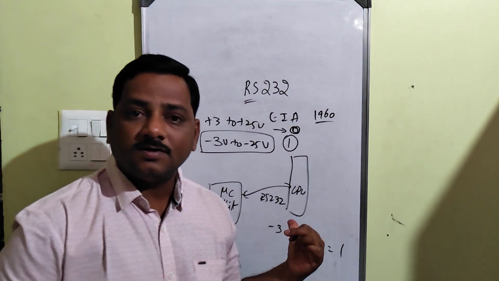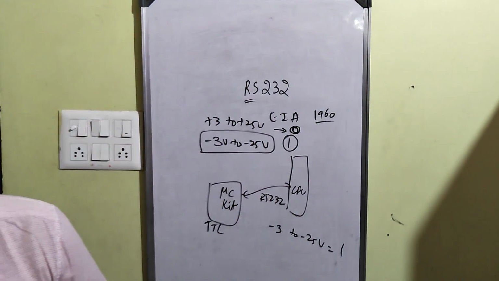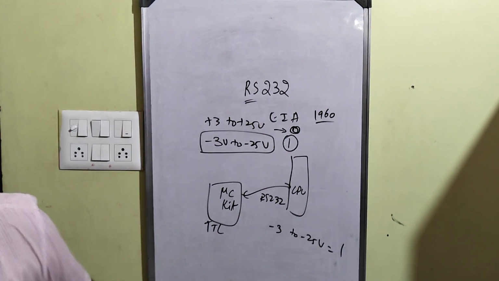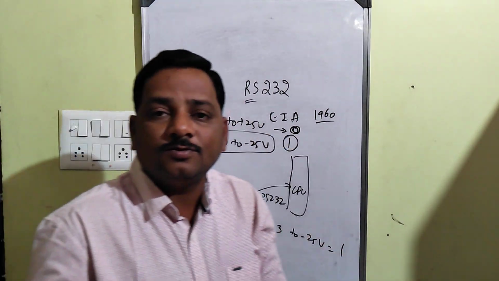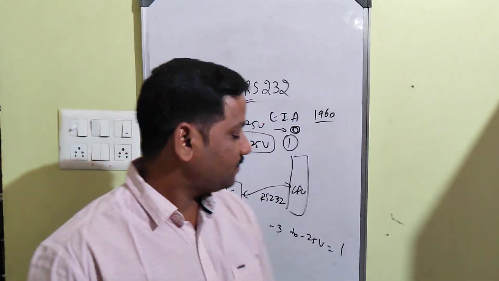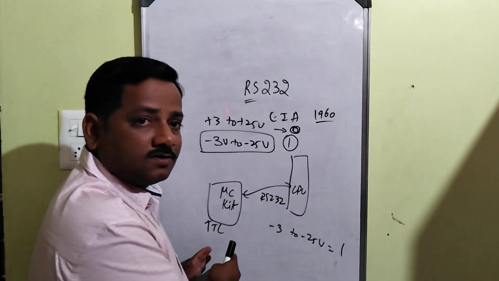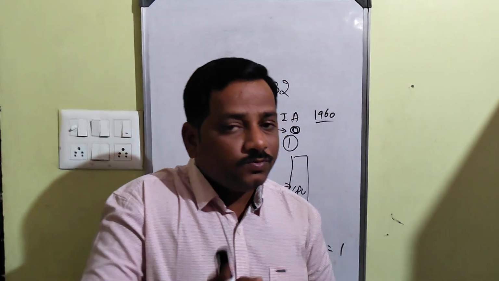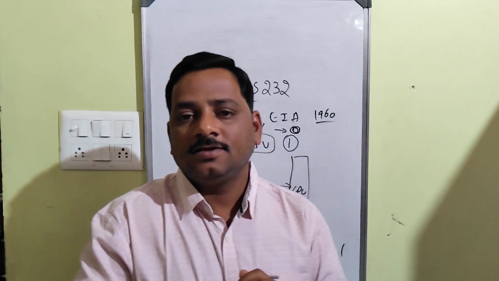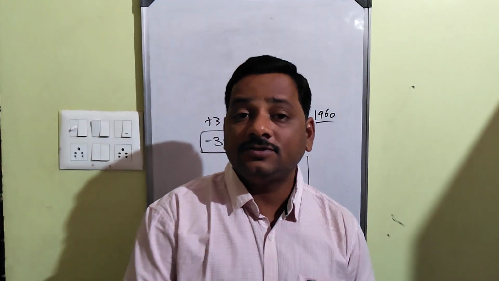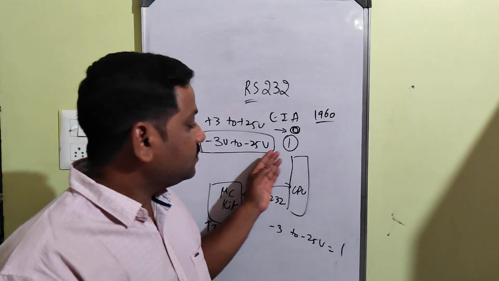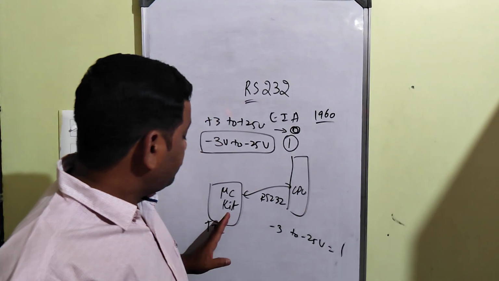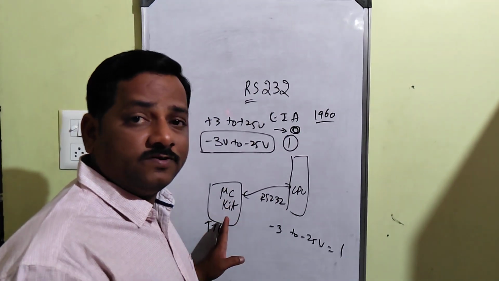Whereas the microcontroller kit is not going to have that range. Also, in between -3 to 0, there is no range for that. The range of the microcontroller kit is different, so we need to match those two. To match these two, we need another IC which is going to match these mismatches, since the operating voltages and the bits in the microcontroller are different.